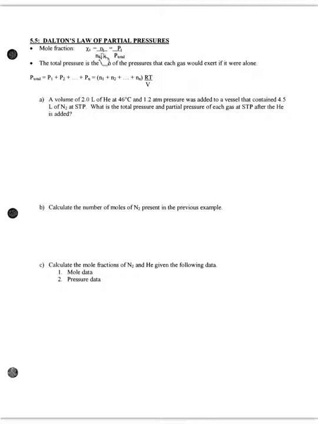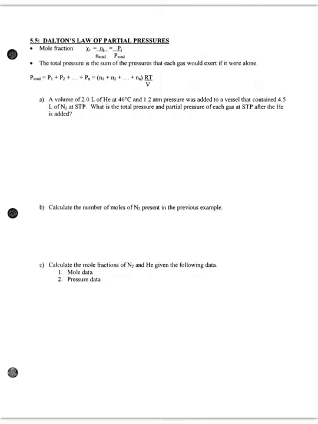What this equation is representing is that chi, or the mole fraction, is basically part over whole. We can look at the mole values, part over whole, or at the pressure values, part over whole. So in other words, it's like doing a percentage, but then you don't have to multiply by 100. It's part over whole, just like a percentage.